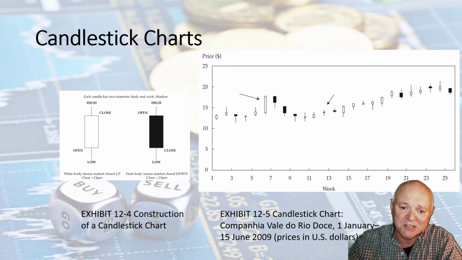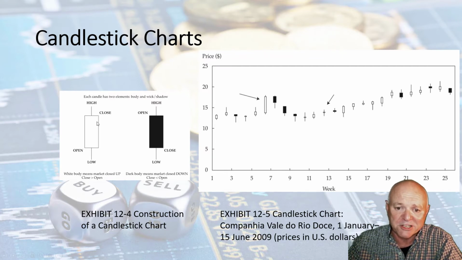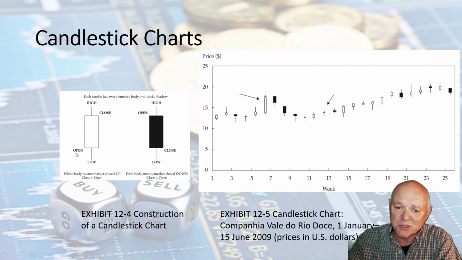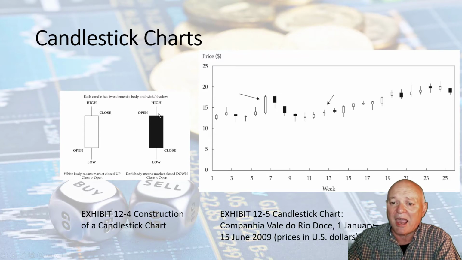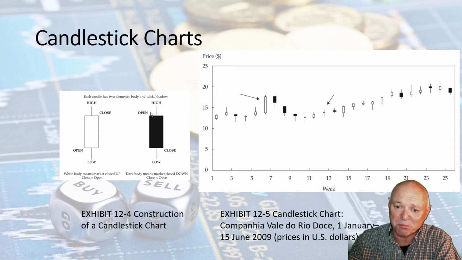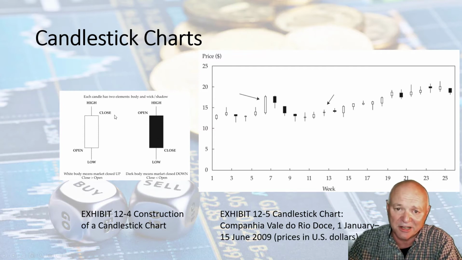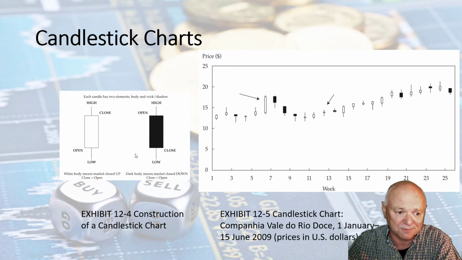We have the high price and the low price, an open price and a closed price. But here, if the closing price is above the opening price, we have a hollow square, and if the closing price is below the opening price, we have a solid square. That's the key to understanding a basic candlestick chart.